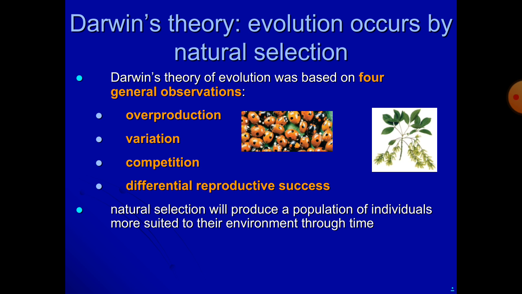Natural selection will produce a population of individuals more suited to their environment through time. So natural selection is the process through which populations of living organisms adapt and change.